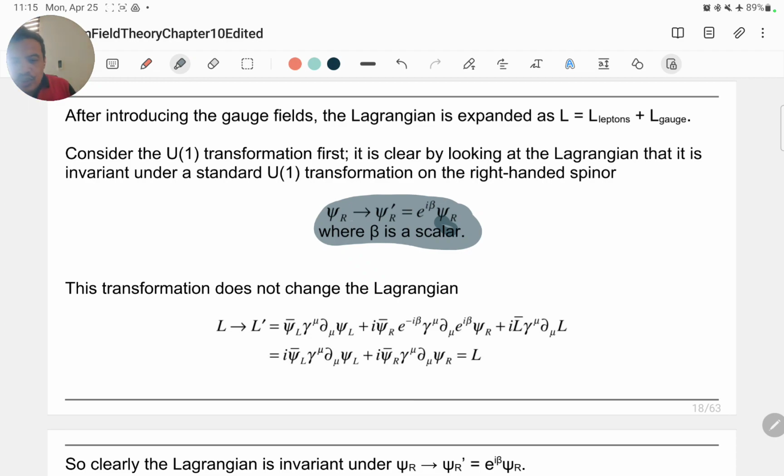For this U1 transformation of the right-handed spinor, the transformation remains the same. With the transformation, the Lagrangian remains the same. So you can replace your psi R with this one and this one.